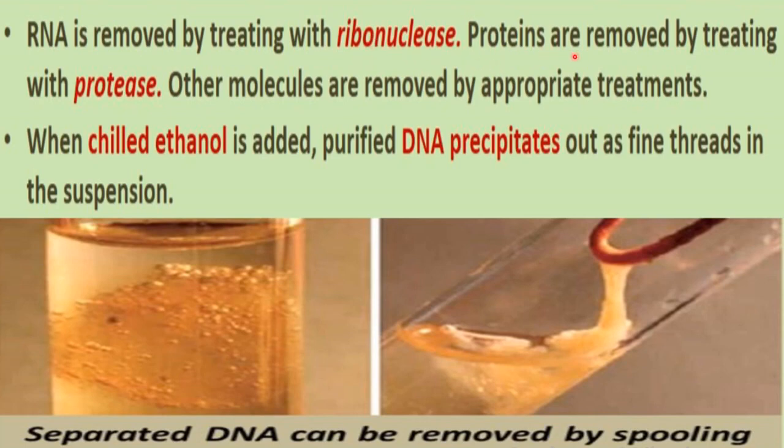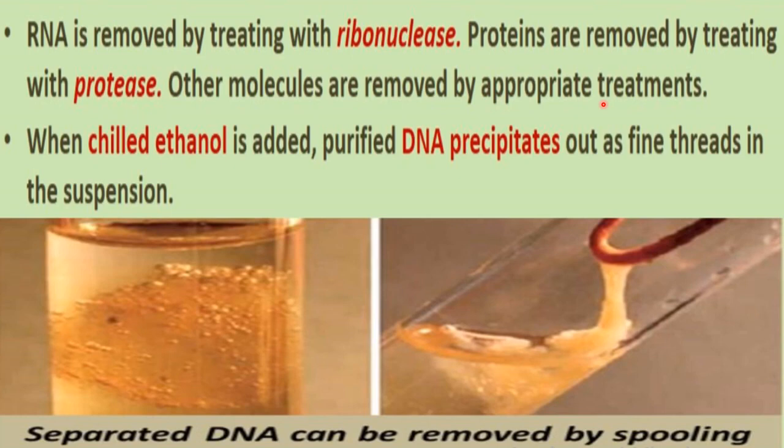Proteins can be removed by treating with protease enzymes, which degrade proteins. Other molecules are removed by appropriate treatments; different enzymes break down different biomacromolecules, like lipases for the breakdown of lipids. So all the biomacromolecules are removed by these enzymes.